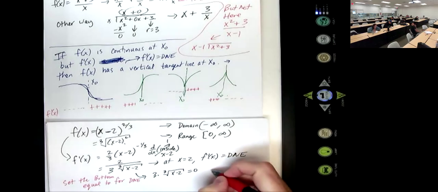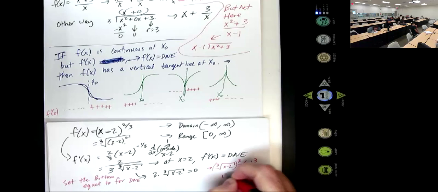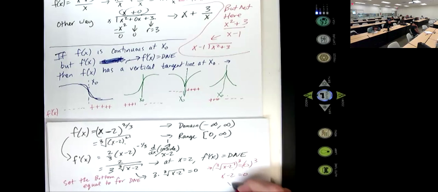And solving this, divide by 3, we got cube root of x minus 2 equals 0. We cube both sides. We get x minus 2 equals 0. And then add 2 to both sides, you're gonna get x equals 2.